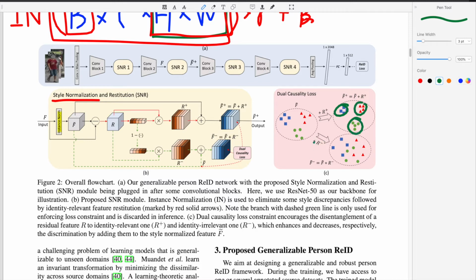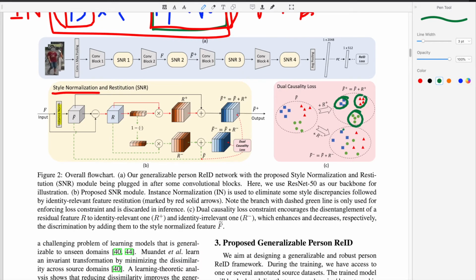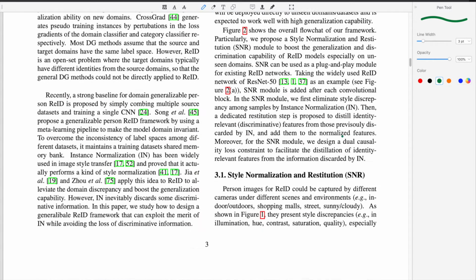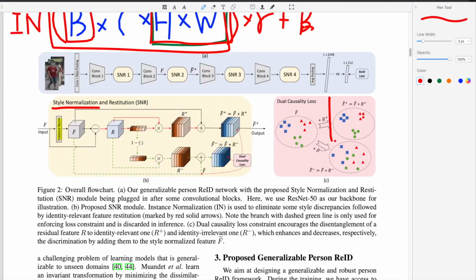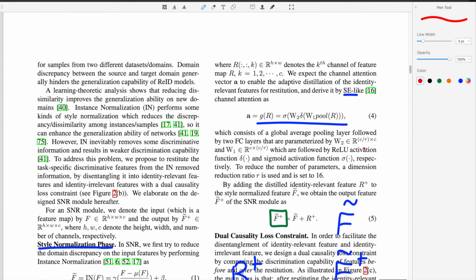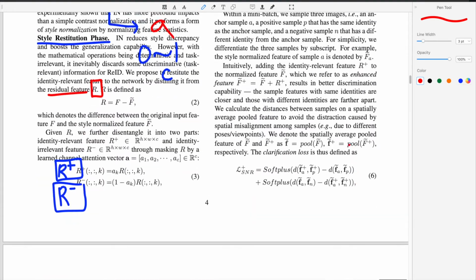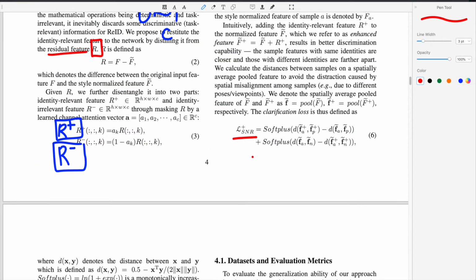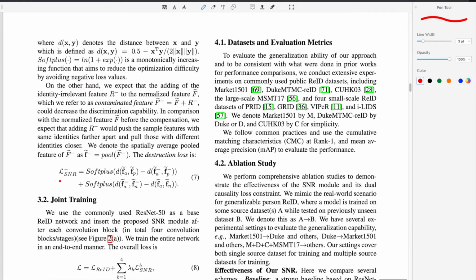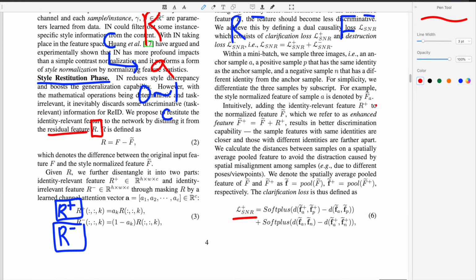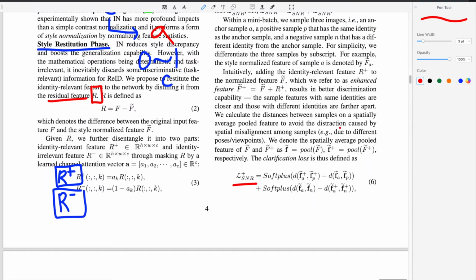And when we add R minus, we expect the features from the same identity to be further away from each other, like this. So this part of the regularization and this part of the regularization are each achieved by the plus SNR loss and minus SNR loss. So let's look into this loss in detail.